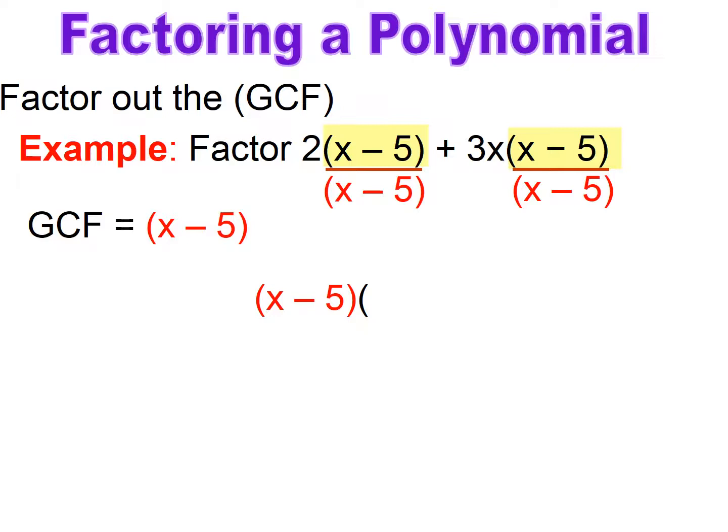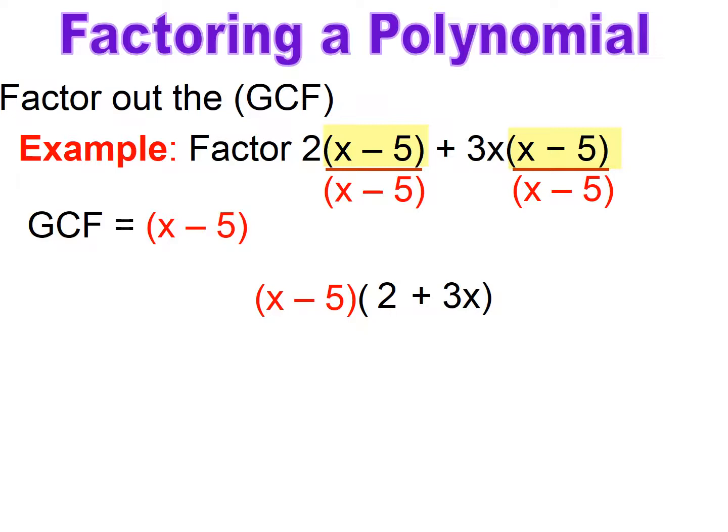Now you see here, when I divide the 2 parentheses x minus 5 by parentheses x minus 5, I'm left with simply the 2. And then when I divide it out of the 3x parentheses x minus 5, I end up with just the plus 3x.